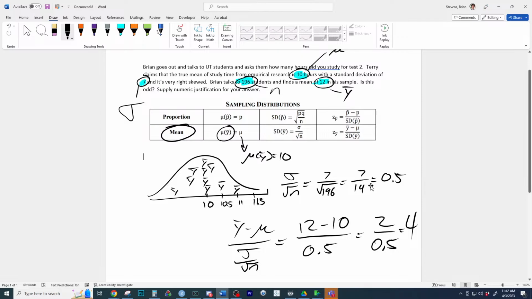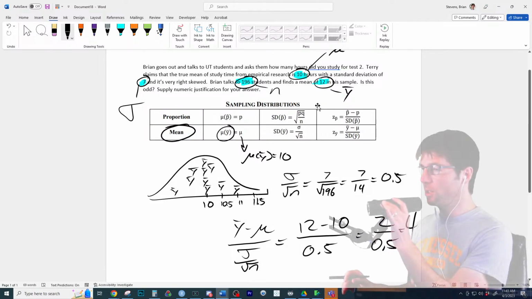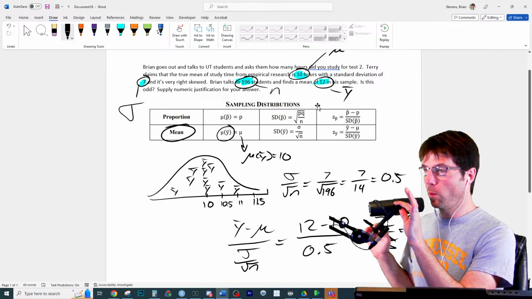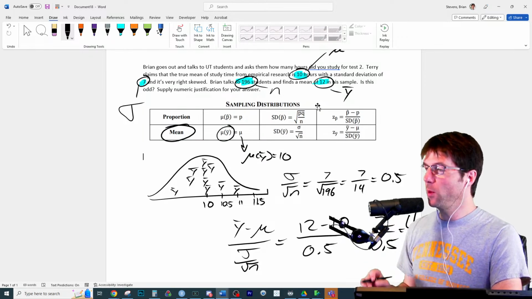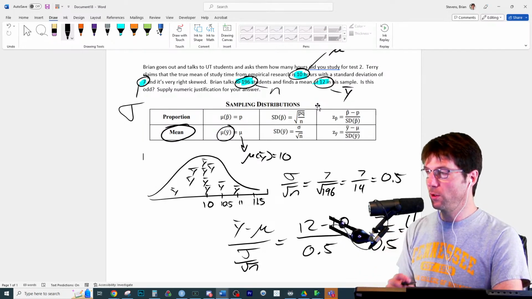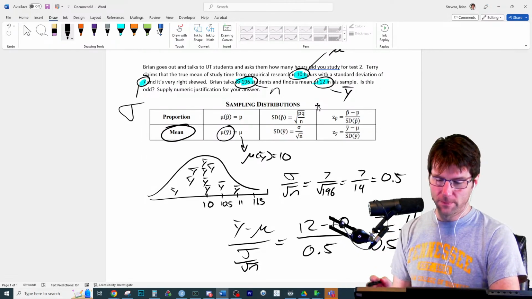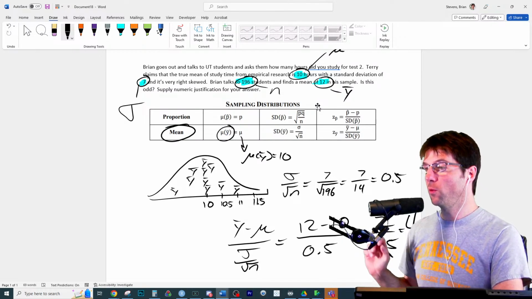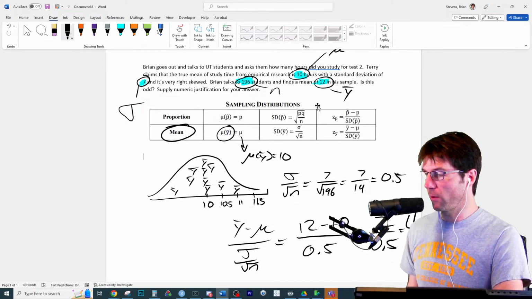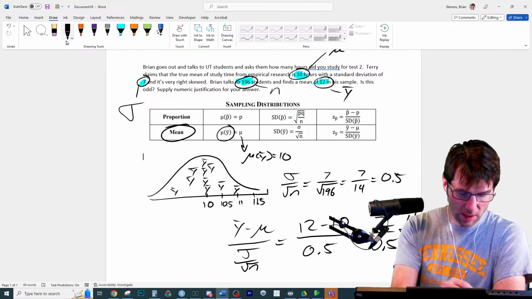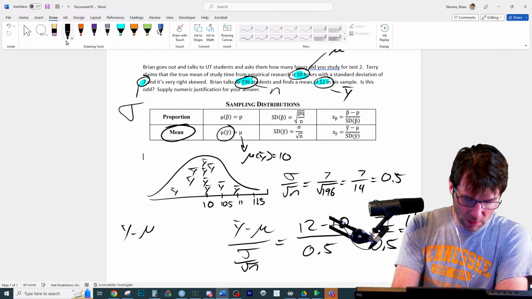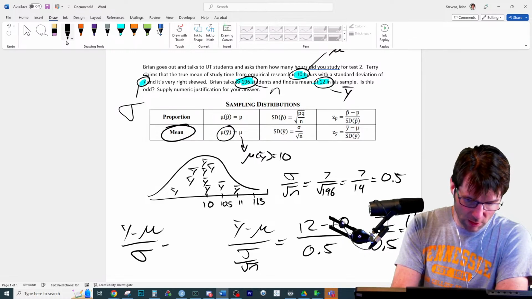So put it this way. Would it be weird? Now be careful. I'm going to switch this question. Would it be weird if one student studied 12 hours? No. One student would be observation minus mean over standard deviation.